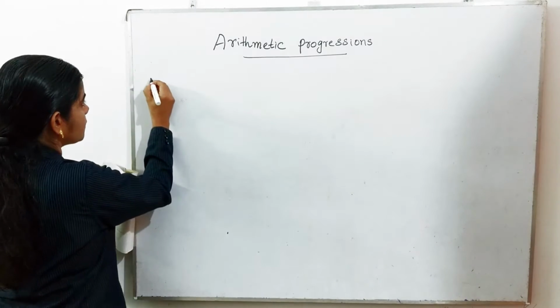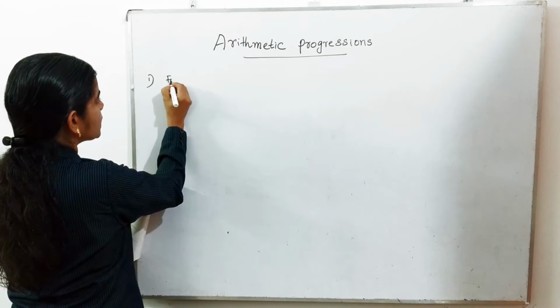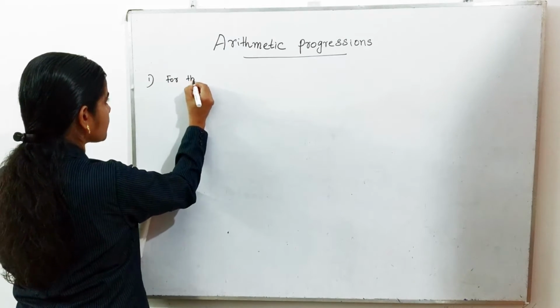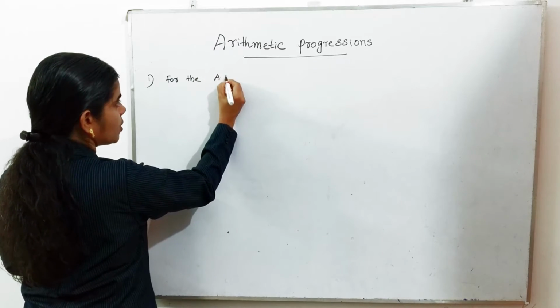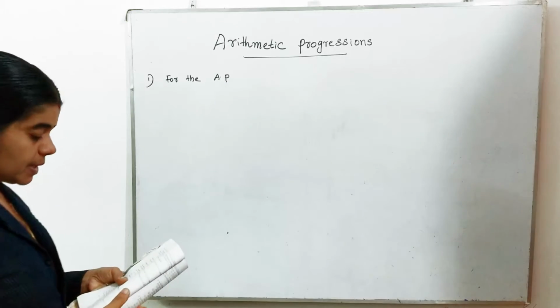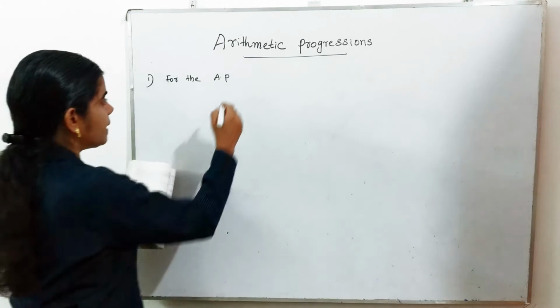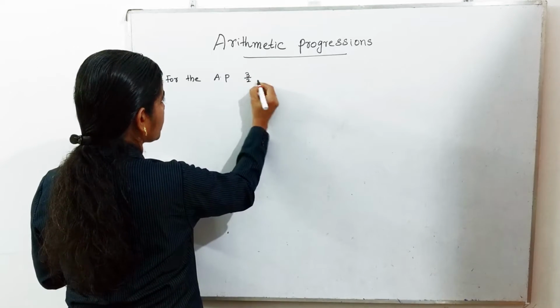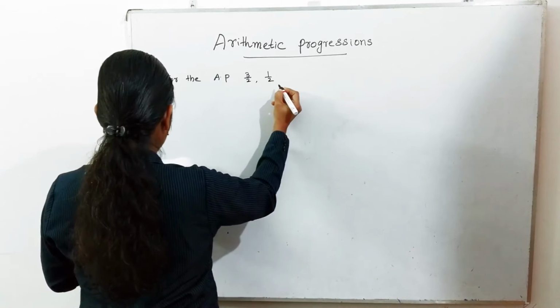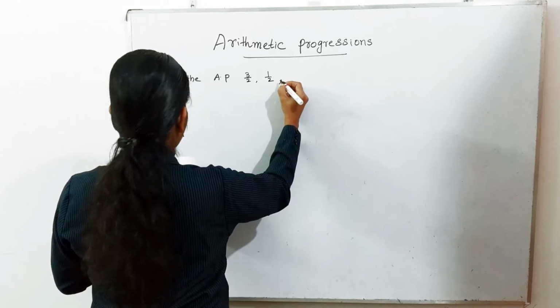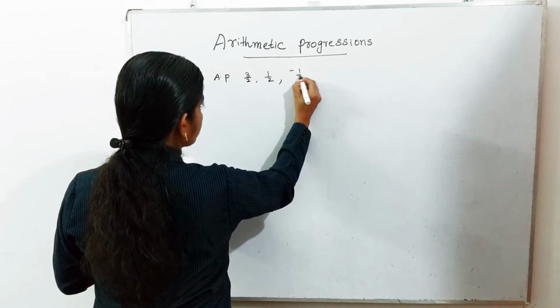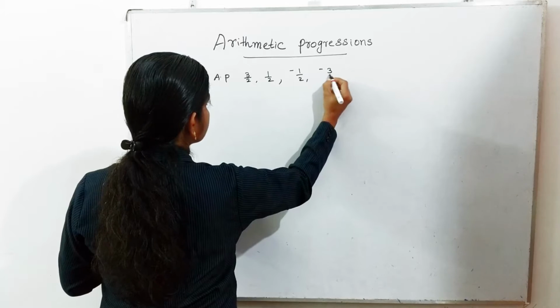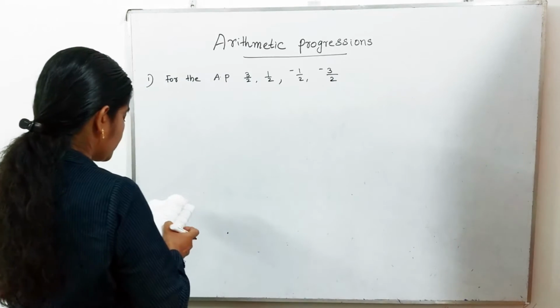For the AP, first question. For the AP, normally we use the short form for arithmetic progression: 3 by 2, 1 by 2, minus 1 by 2, minus 3 by 2.